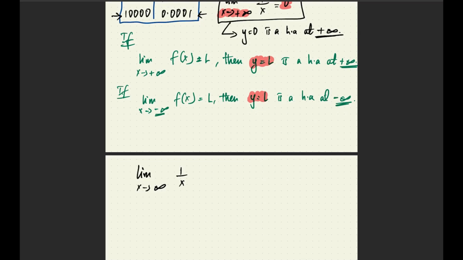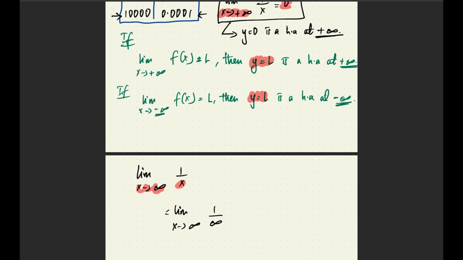Now let's solve the same example, but using the substitution property, plugging in the value of x. Since the limit is as x approaches infinity, we can plug in infinity in place of x. This gives the limit as x approaches infinity of 1 divided by infinity.